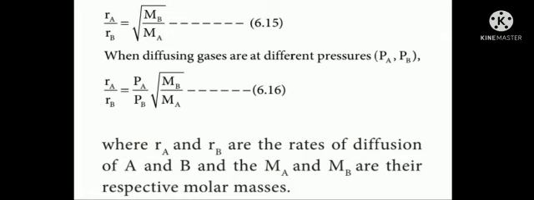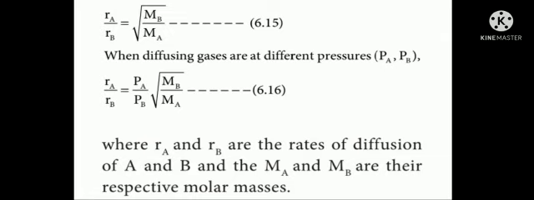That is, rate of diffusion of gas A divided by rate of diffusion of gas B is equal to the square root of molar mass of gas B divided by molar mass of gas A. This is Graham's law of diffusion for two non-reactive gases, namely A and B.